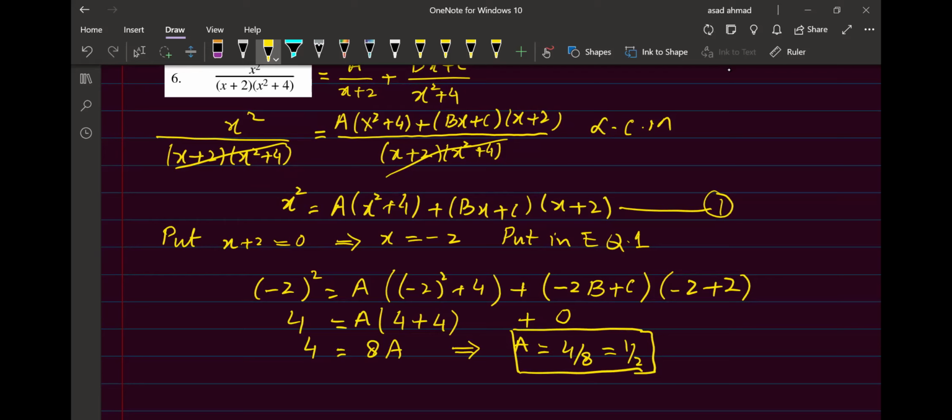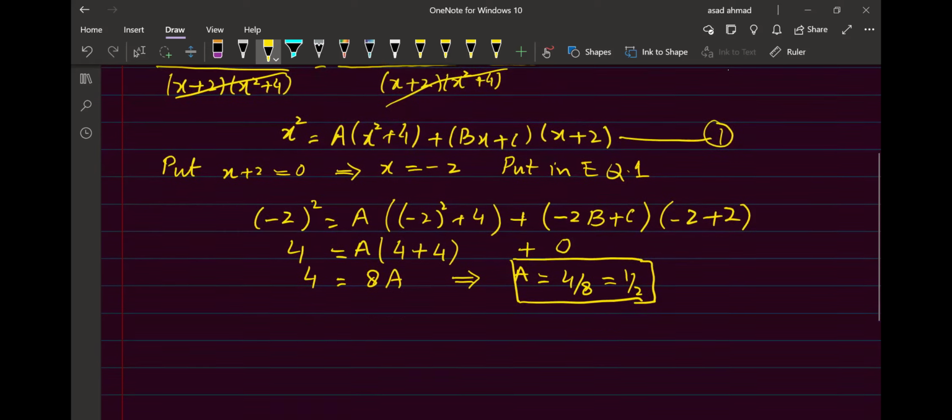Now because we don't have any other linear factor, what we will do is expand equation number 1.